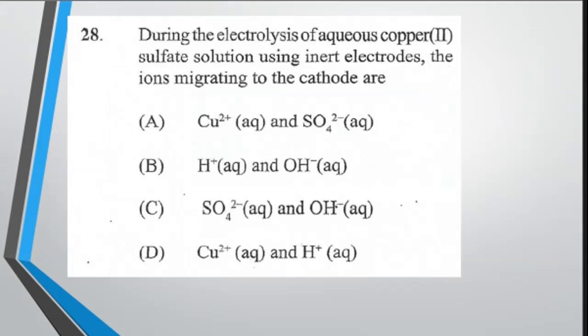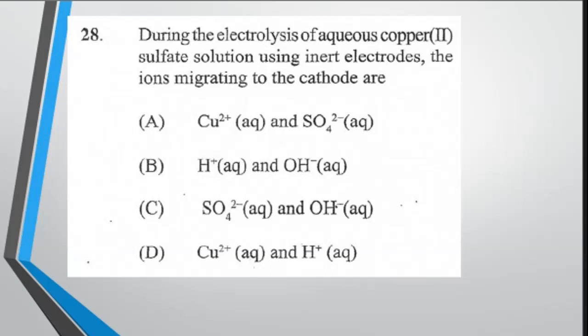All right, question 28. During the electrolysis of aqueous copper 2 sulfate solution using inert electrodes, the ions migrating to the cathode are, so we have aqueous copper 2 sulfate solution.